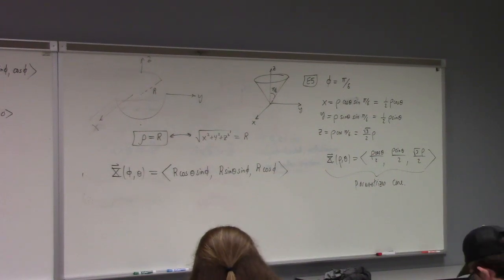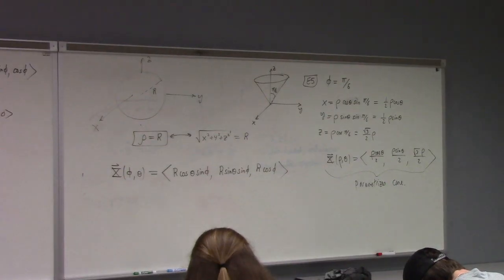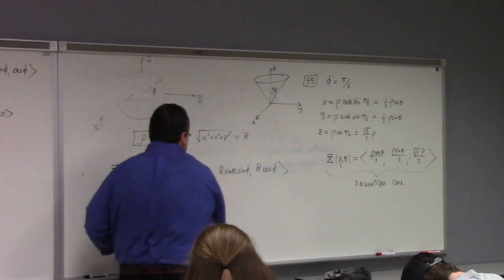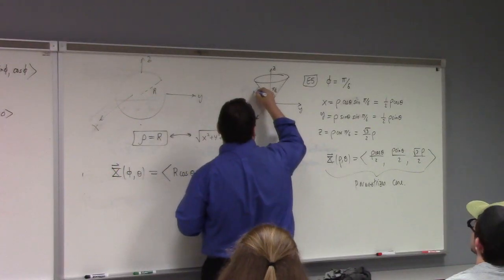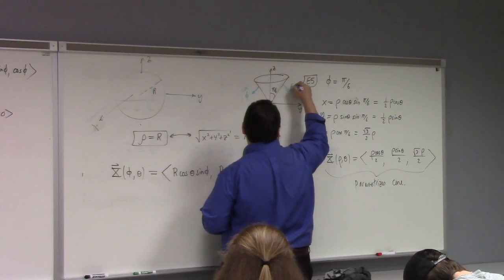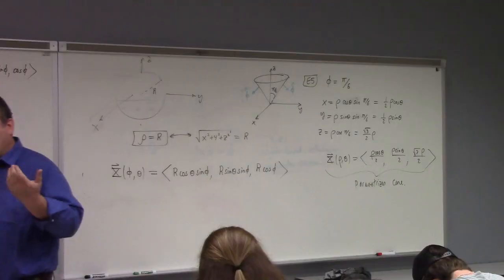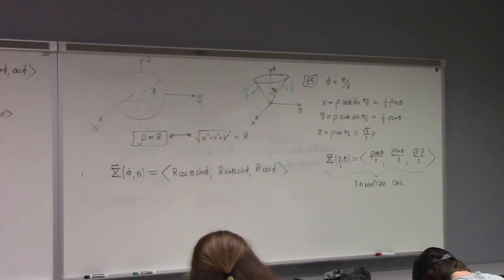What if you wanted the vectors which were normal to the cone? What would those be? This, my friends, is phi hat. So phi hat provides the natural normal to the cone. That half plane, the normal to it is theta hat.